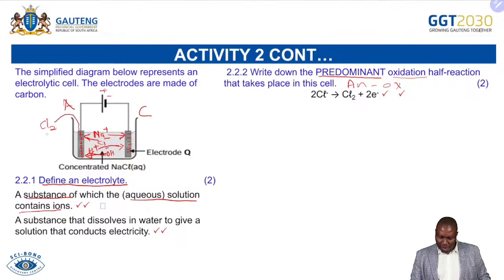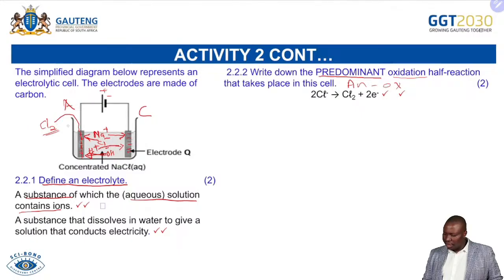Cl2 is given off. Chlorine gas is produced. Remember, you don't call them chlorine ions, you call them chloride ions. The chloride ions move towards the positive, which is our anode, and when they are there, they lose electrons and Cl2 gas is formed, and that is 2 marks.